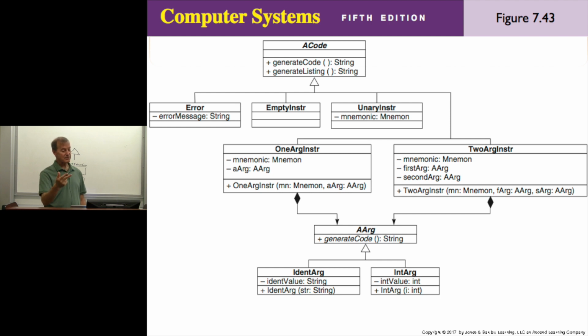What's the next one? Unary. Now what is the unary in this particular programming language? What are the unary instructions? Do you remember? Stop and end. So that's for stop and end. Is everybody clear? Okay, and what's the third kind? A one argument instruction. Are you with me on that?